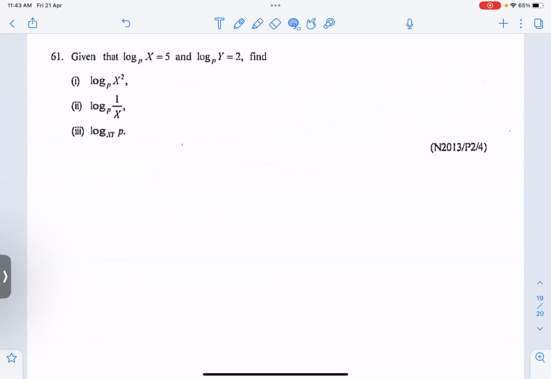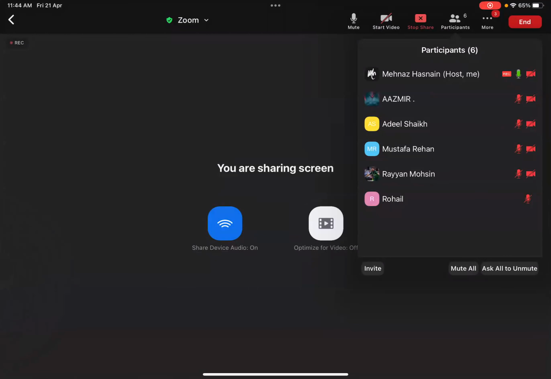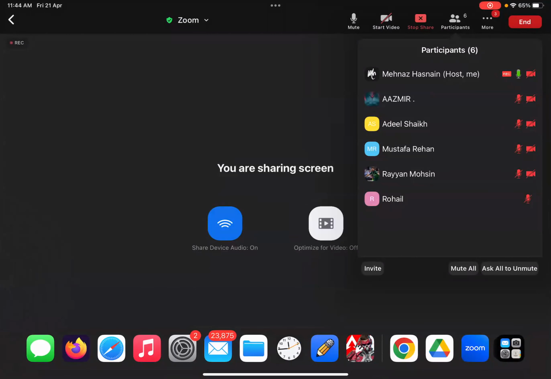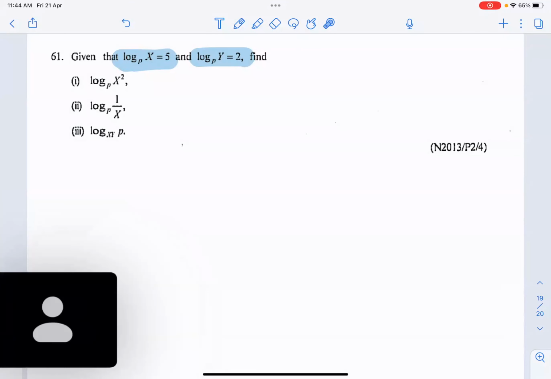Okay. Given that log p x equals 5 and log p y equals 2. Okay, who's going to tell me how to go about doing the first part? Mustafa Rehan, can you tell me how to do it? Yes, how do you do this? The first part.